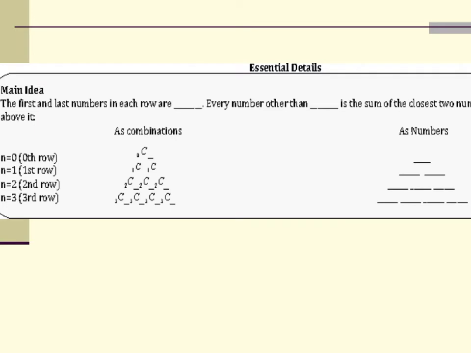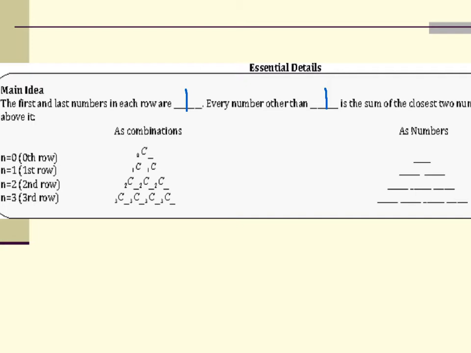All right, let's look at this first main idea, and this is just really how we construct the Pascal's triangle. So what you need to remember is the first and last numbers in each row are 1, and every number other than 1 is the sum of the closest 2 numbers in the row directly above it.